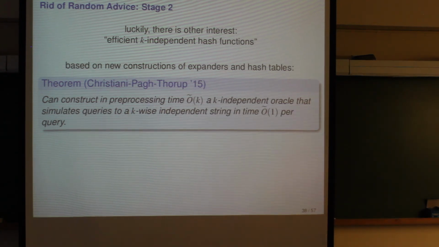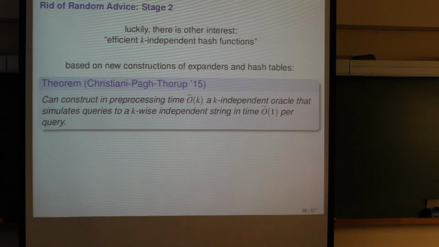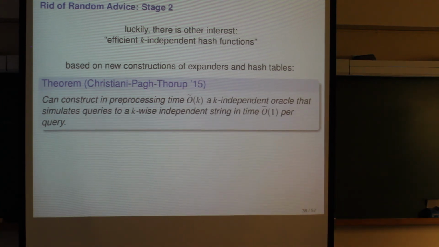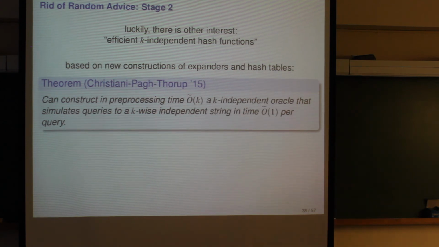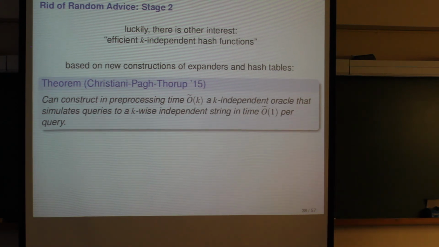But because of this work, from 2015, we actually do know how to solve it. What they show is that you can, in Õ(k) preprocessing time, construct a data structure that allows you to query a k-wise independent string in time Õ(1) per query.